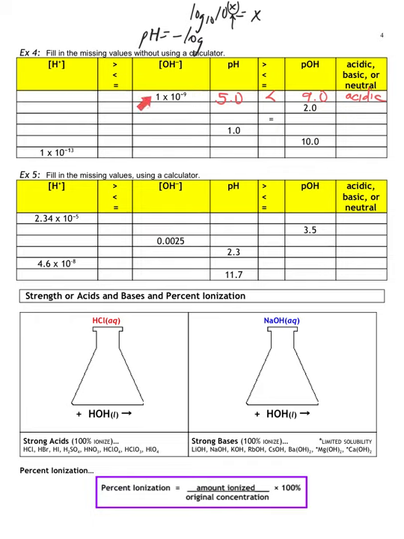I know that when I multiply these two values, it's going to give me 1 times 10 to the -14th. But I don't even need to do that. I know that this is going to be 1 times 10 to the -5th, just like my exponent 5 right here. Which concentration is greater? You can tell that it is going to be the 1 times 10 to the -5th, which means you have more acid.